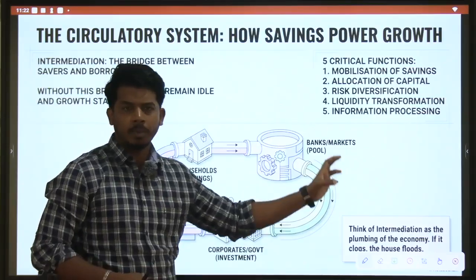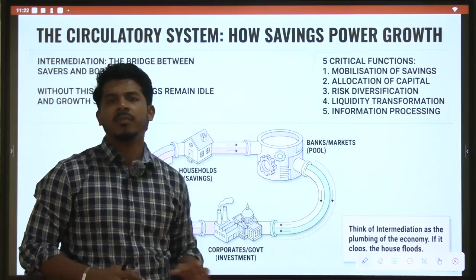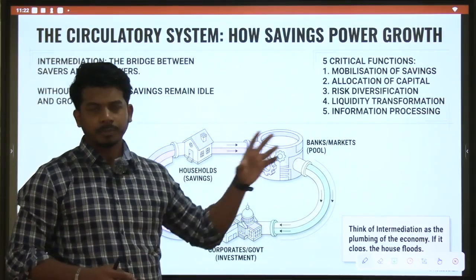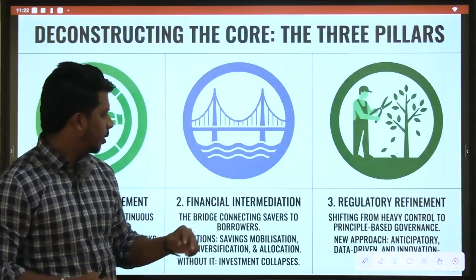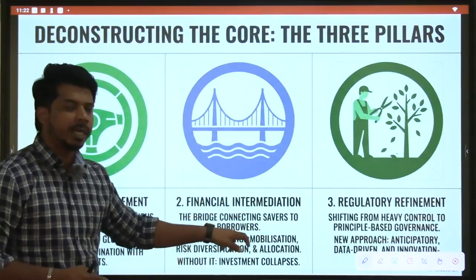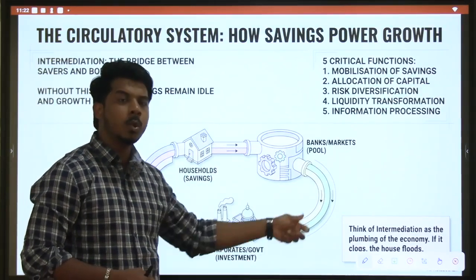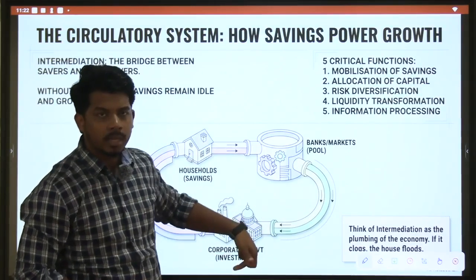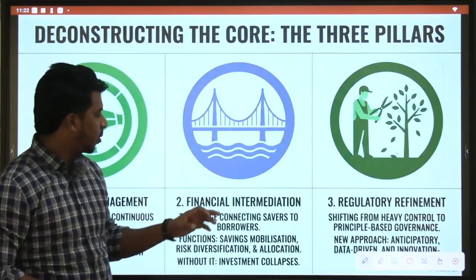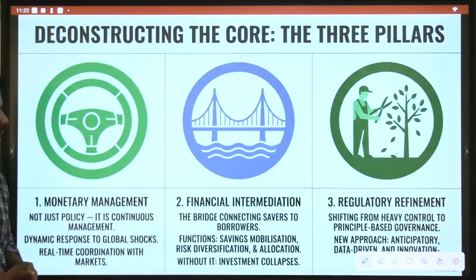This whole system, these processes, institutions, all of them together are called the financial system. So they are talking about this financial intermediation. The process is financial intermediation. They are mediating between the people who have surplus and those who are in need of money. Okay, so we are talking about this financial intermediation.